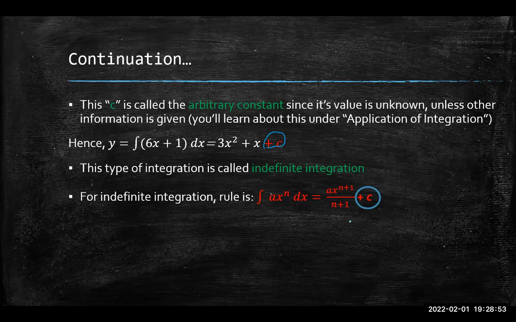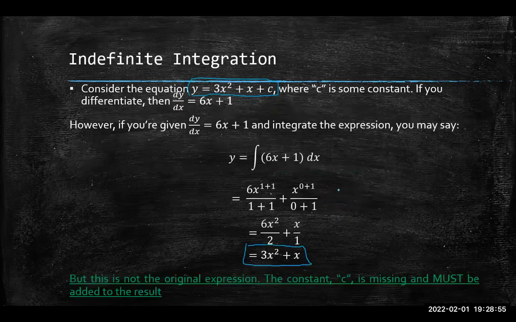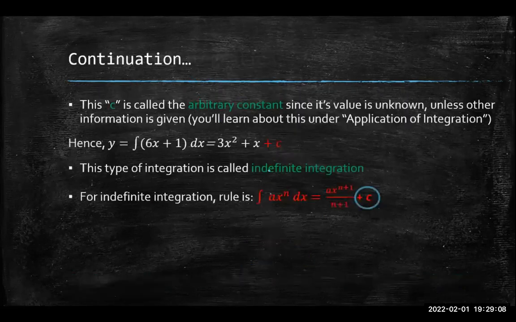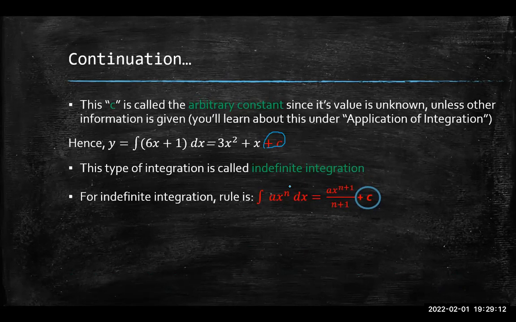Because without the plus c, I don't get back the exact equation. I have to get back the exact equation. So I have to put that plus c, right? So that's indefinite integration. Wherever you see plus c, indefinite integration. Do you understand?